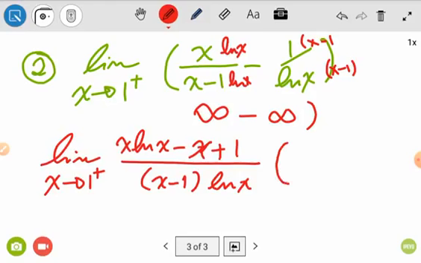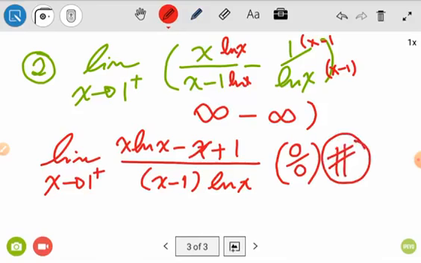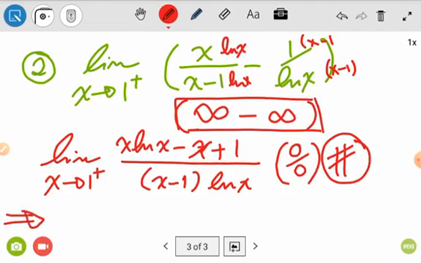Then substituting something like 1.01, 1.001 for x, you are going to get 0 over 0. So the indeterminate form was first infinity minus infinity, now it's 0 over 0, so we can apply L'Hopital's rule.